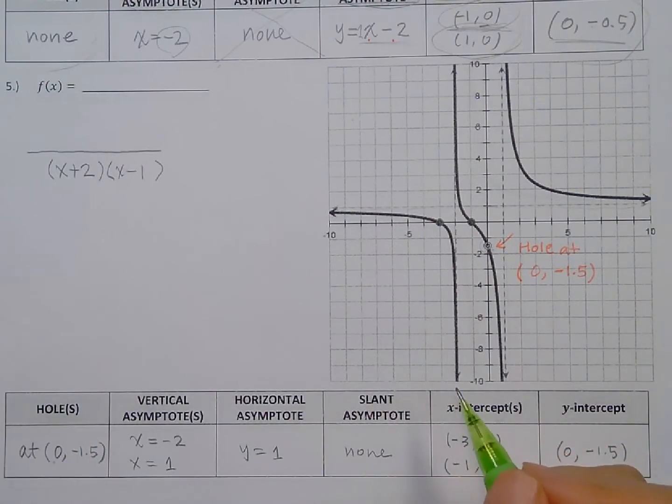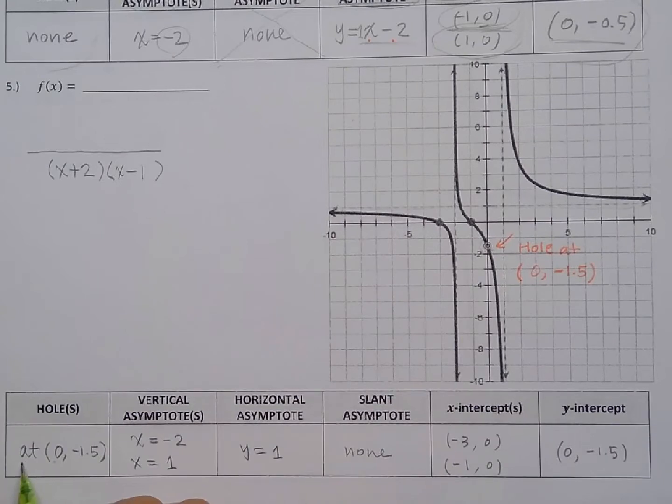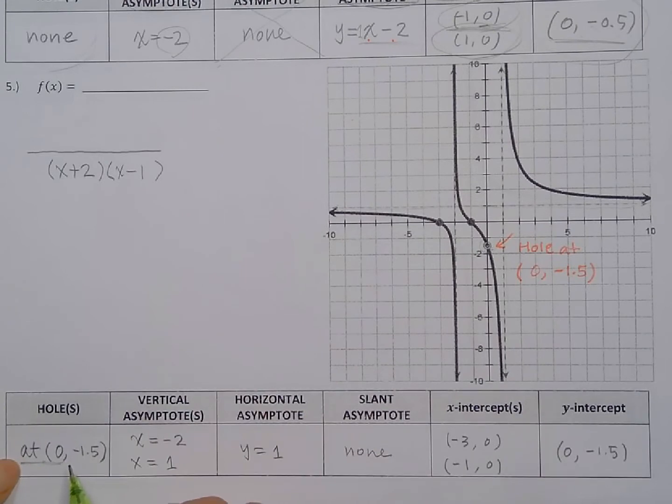Then now I have to also serve the fact that I have a hole. The x coordinate of the hole is 0.